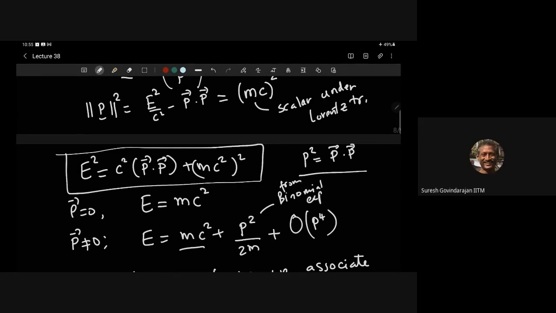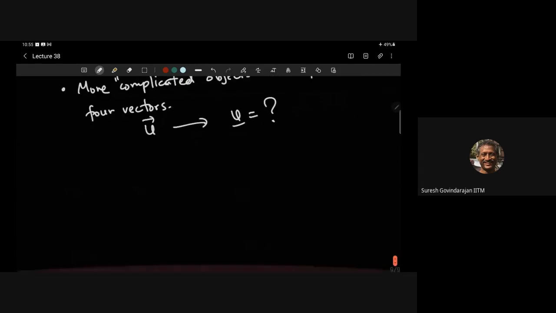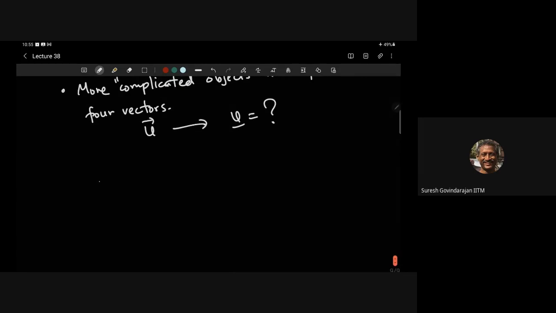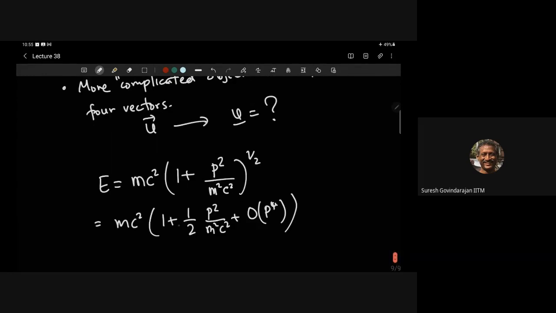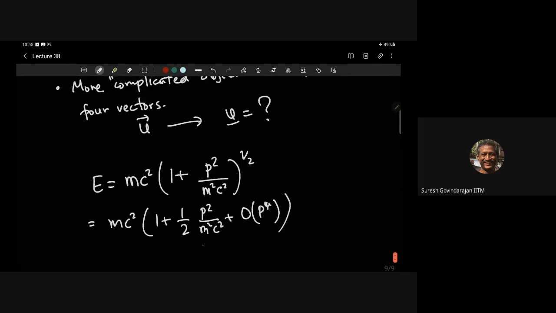Okay, so maybe I will write it here. Multiply everything out. The most interesting thing that happens is that this is equal to mc square plus p square by 2m.